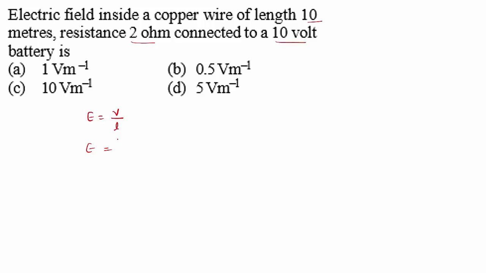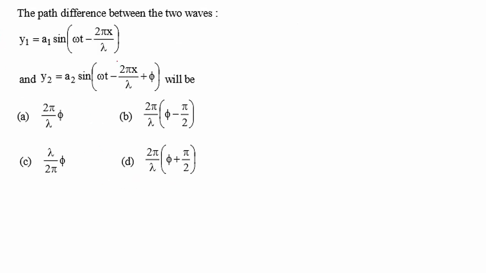V is given, the battery is 10 volt, divided by L, the copper wire has length 10 meter. So 10 by 10 will be how much? 1 volt per meter. So 1 volt per meter is the electric field inside the copper wire. Option A is right.